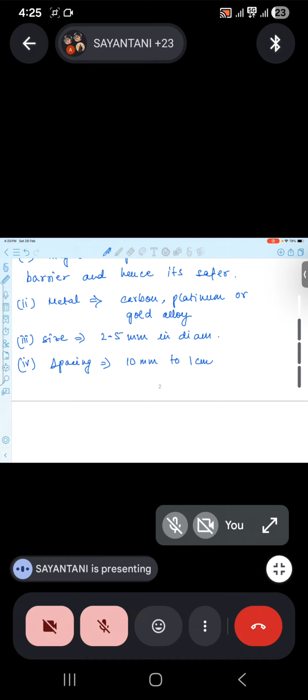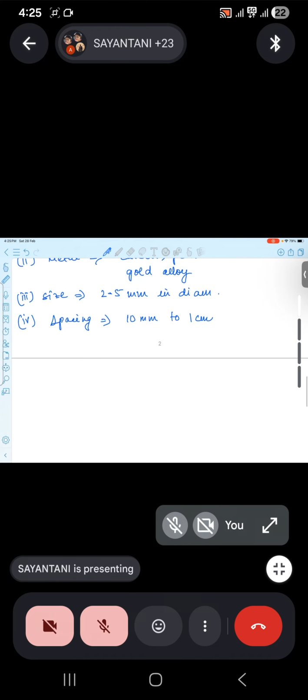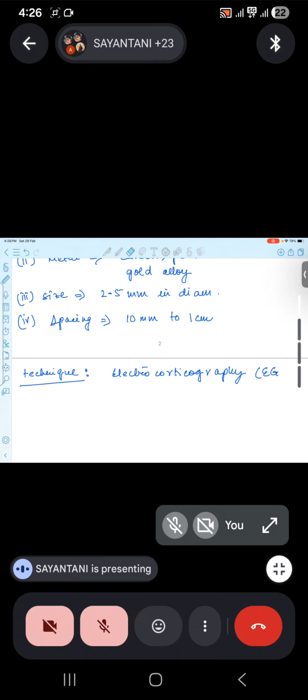Now, under this particular category, the way we are placing the electrodes, this entire process, this technique is referred to as electrocorticography, that is also abbreviated as ECoG.